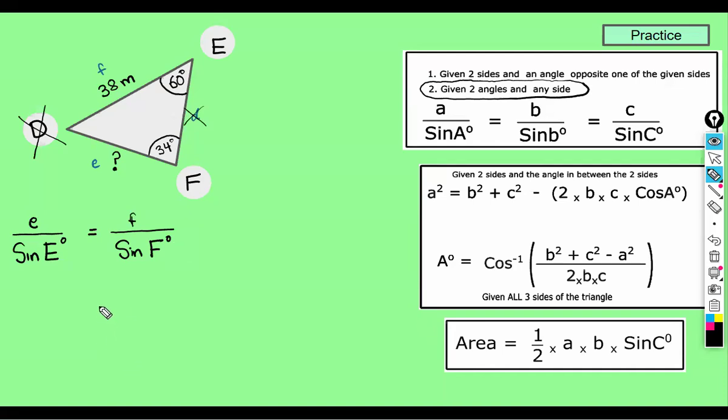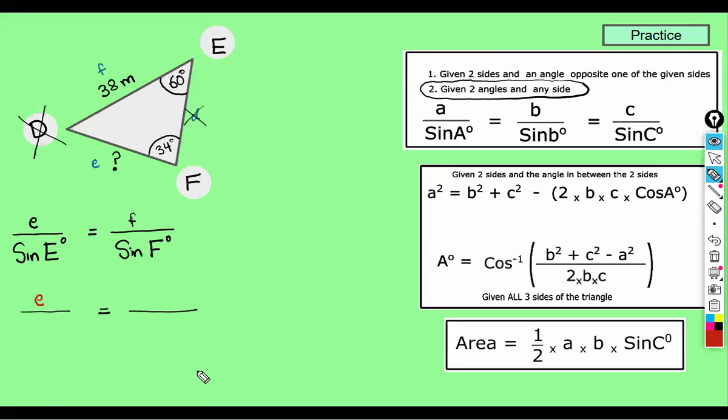How about we start substituting in some values? Now, this time we have two angles. You notice they give us two angles this time. I'm going to do this one a little bit slower since we're kind of new to it, right? Common E is how much? Well, we don't know common E. That's the aim of the question.